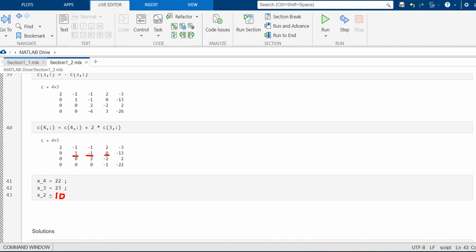Okay, well, if I know that x sub 2 equals 10, I can plug in up here where I know that 2 x sub 1 minus 10 minus 23 plus 44 equals minus 3.